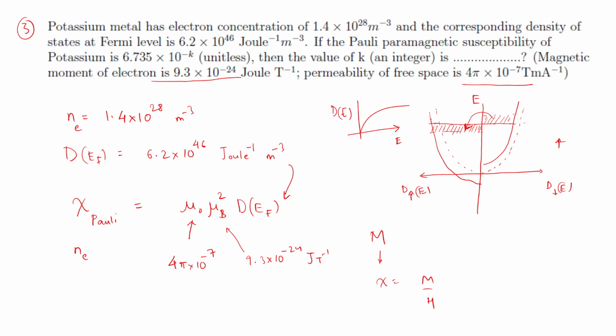So when you put everything in, what you will get is 6.735 into 10 to the power minus 6. Okay, so this is what you have to do. You have to basically use this formula. Everything has been given in the question. Now let us go to the next question.